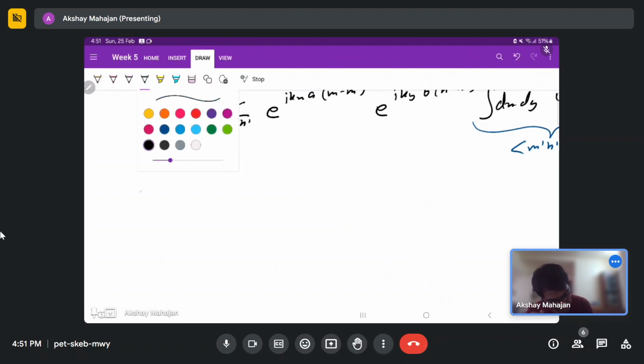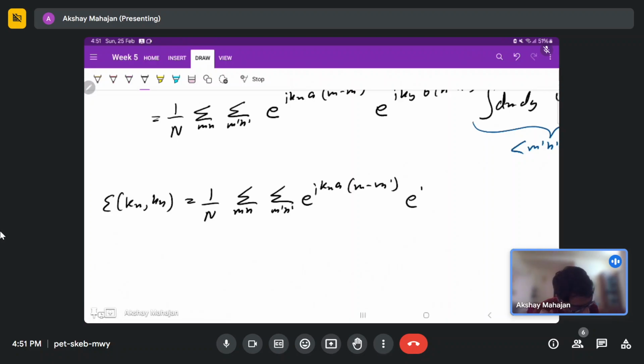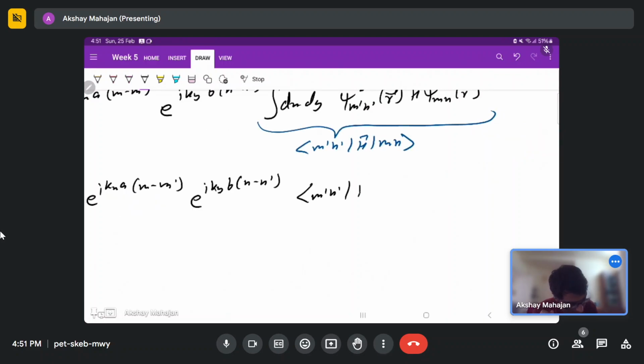So again we will get the similar kx ky, my energy dispersion will be a function of kx ky now. Alright, so energy dispersion epsilon of kx ky is equal to 1 by n summation over mn, summation over m prime n prime, e to the power iota kx a times m minus m prime, e to the power iota ky b times n minus n prime, times this m prime n prime h cap mn.